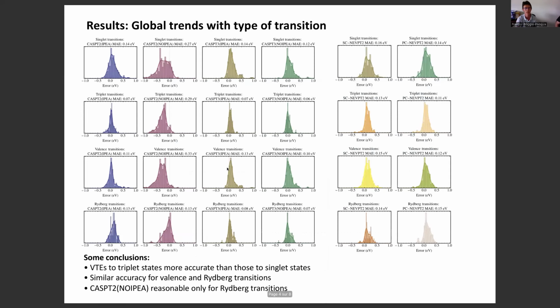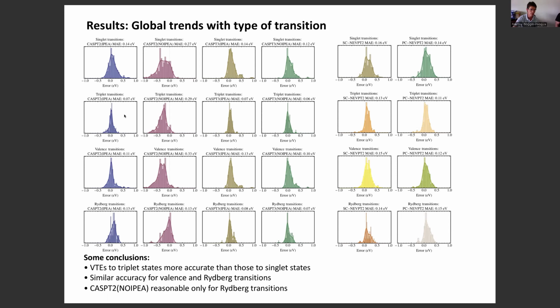Okay, now if we look at the error distribution for the different types of transitions, here I report at the top the distribution for the singlet transitions, then the triplet transitions, then valence transitions, and Rydberg transitions. So we see that for these multi-reference perturbation theory calculations, we have a consistent description of all these transitions, which means that we have a nice distribution of the error, whatever the type of transition.